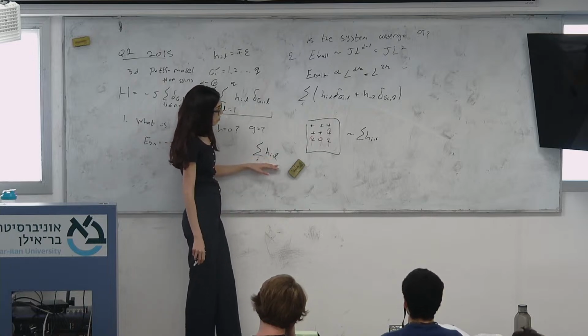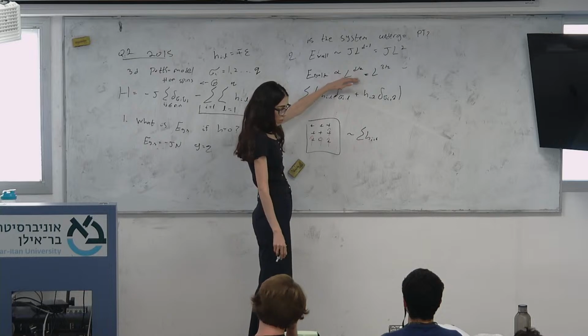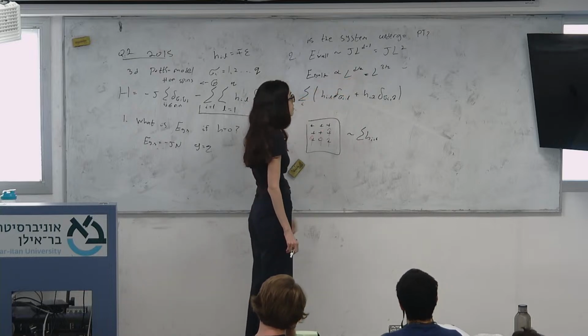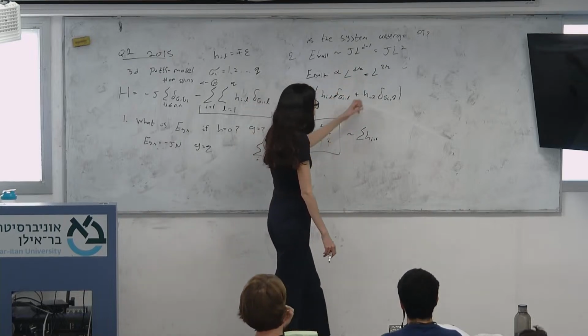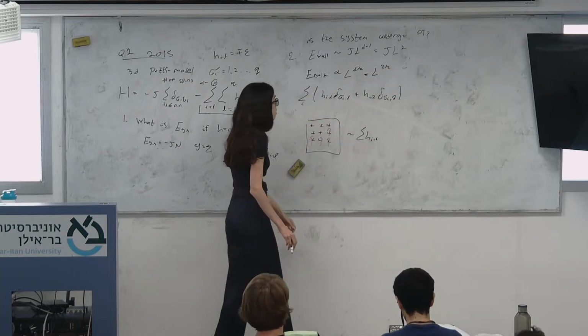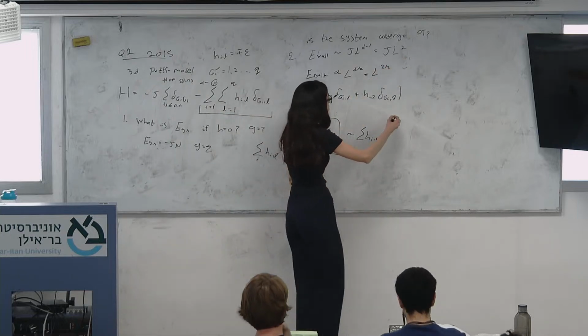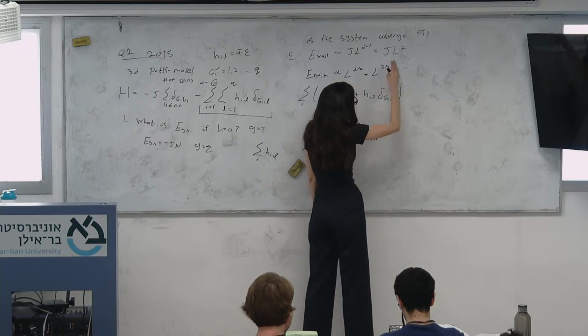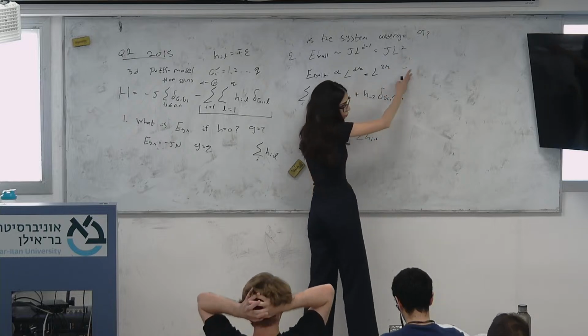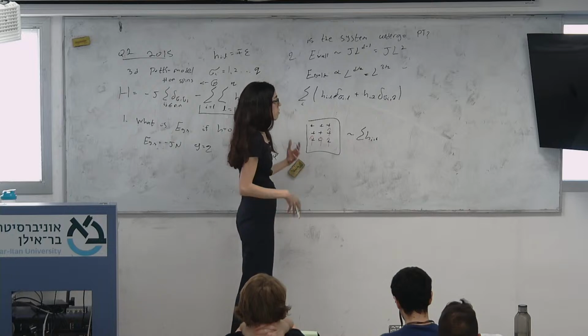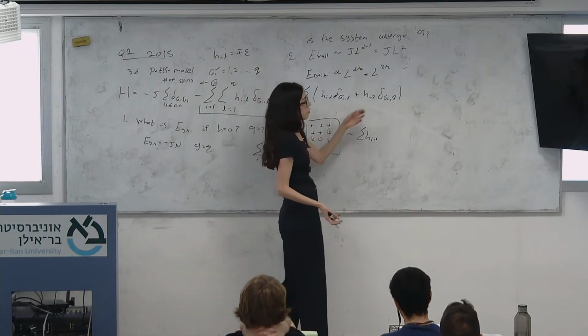Okay, so we all agree about that part, I hope. So we take the equal strip, we put it here, and overall we see that the energy of the wall overcomes the energy of the bulk. So we do have a finite temperature phase transition.